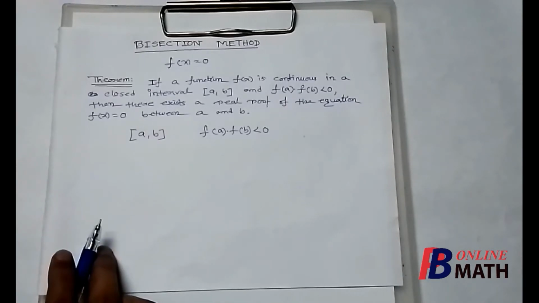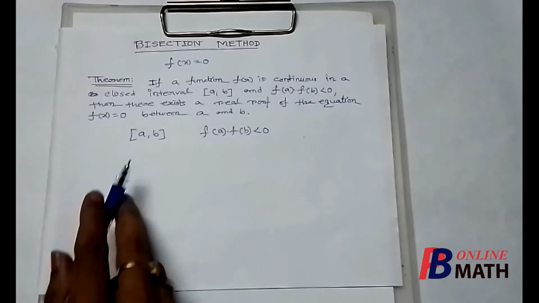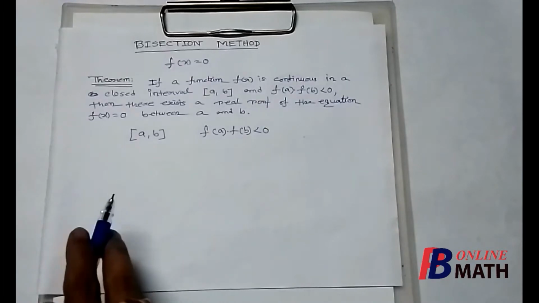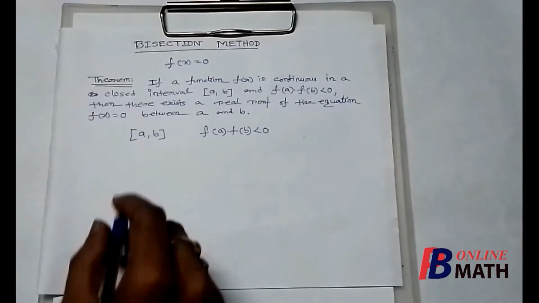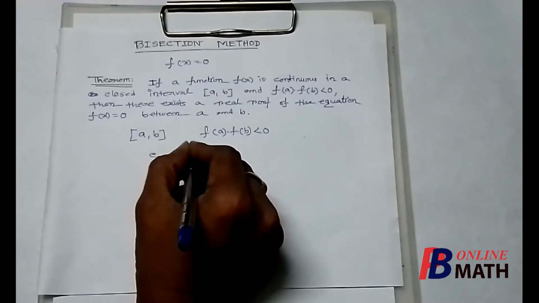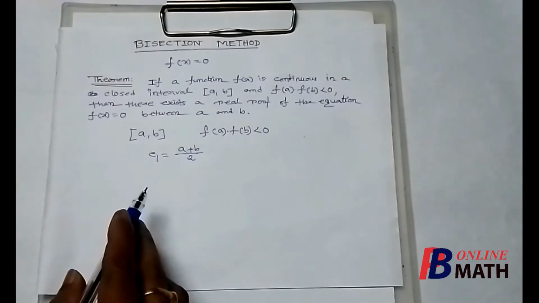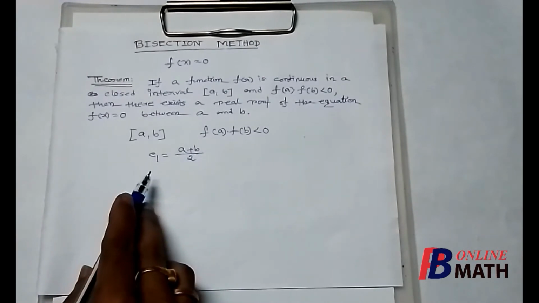The first approximation we shall use here is the average of a and b. We call it c1, which is (a + b)/2. So this is our first approximation.